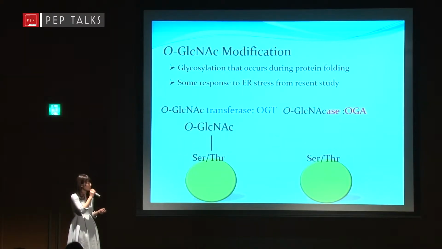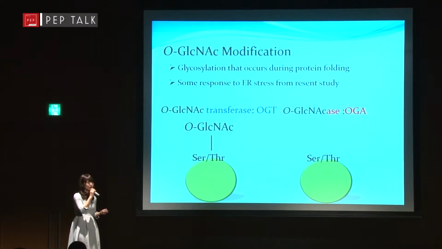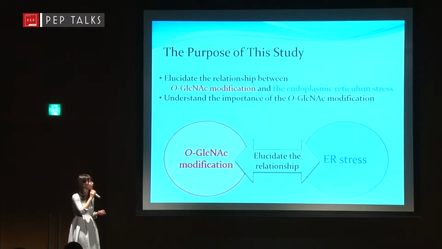To remove O-GlcNAc modification, O-GlcNAcase, OGA, works. These 2 enzymes are conserved in metazoans from human to nematode.